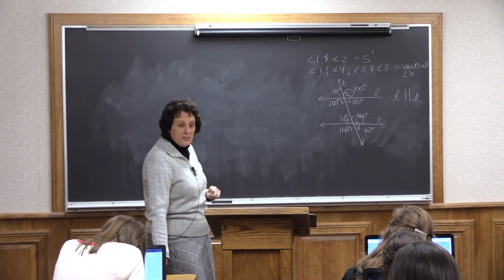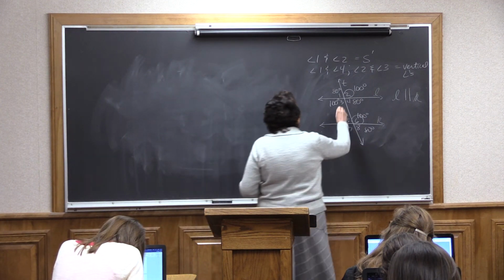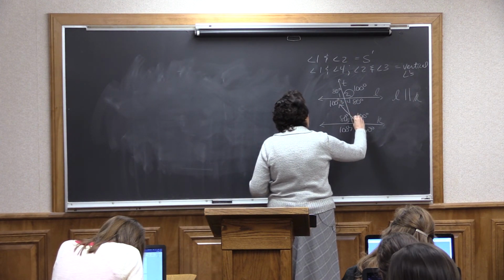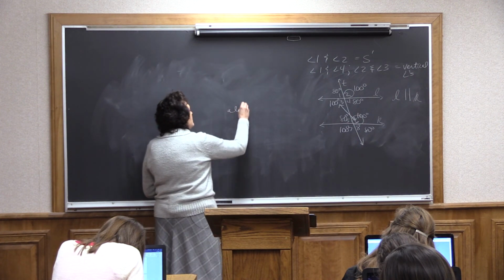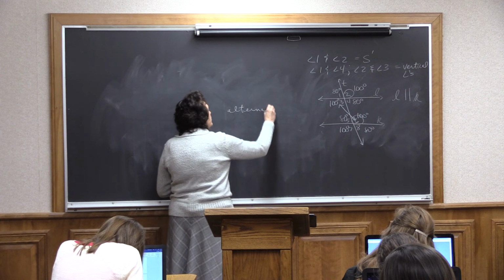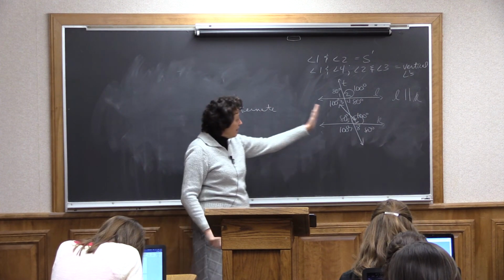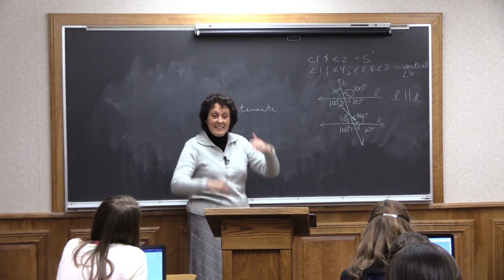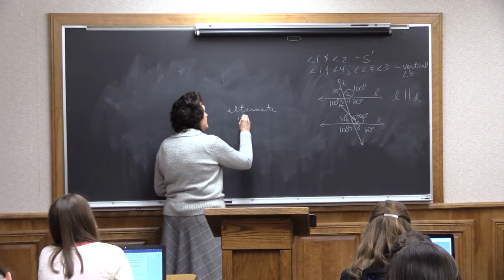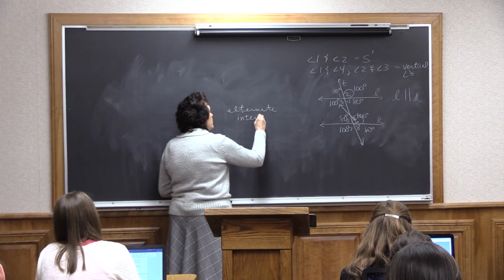But if you took high school geometry, you also learned alternating or alternate interior angles, right? Remember? They're on alternate sides of the transversal, and they're interior to the two lines. Alternate interior.